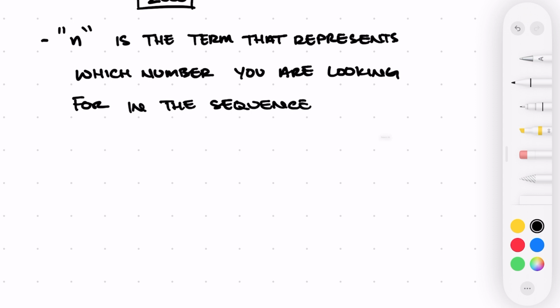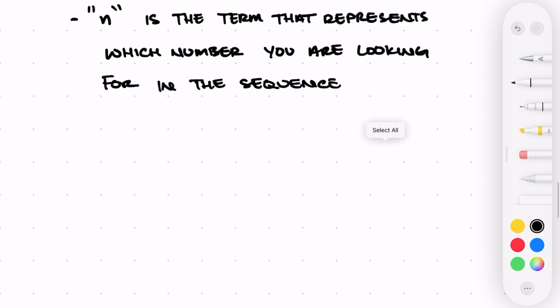Now let's look at some questions that could be asked when we're working on these types. The first one is, let's make our own try questions here.